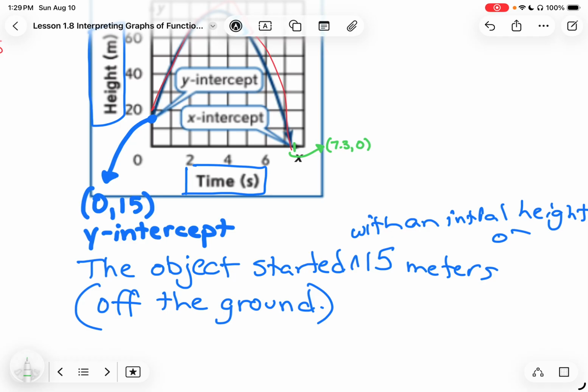So that means the x, the time, is 7.3 seconds, and the height is 0, so 0 meters off the ground. After 7.3 seconds, it is 0 meters off the ground, or off the landing spot, whatever it is. I'm just going to say ground accidentally, even though we don't know that it's the ground.